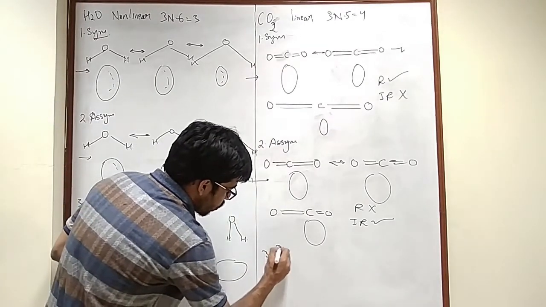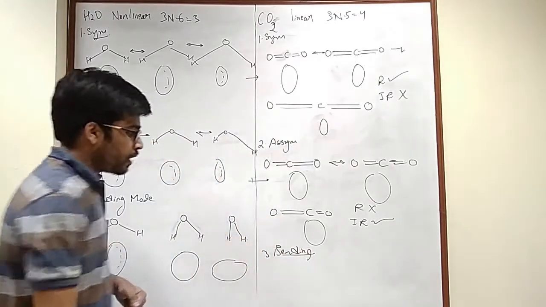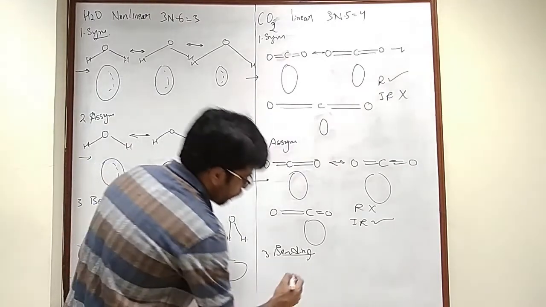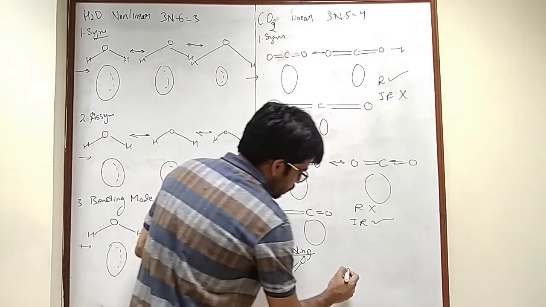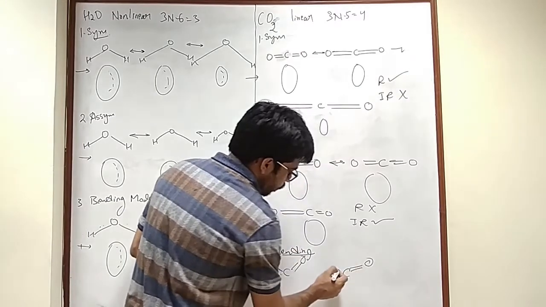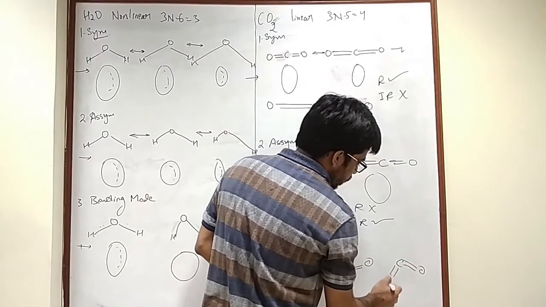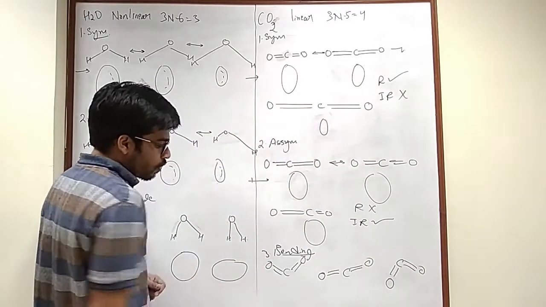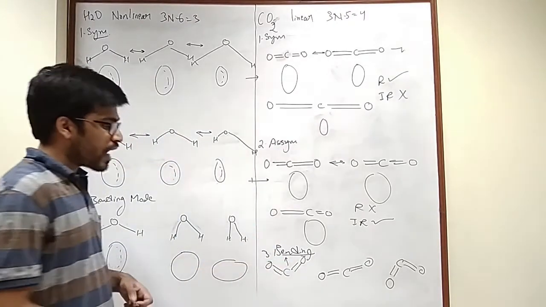Finally, let's take a look at the bending mode. Now in case of bending mode, what do we have? We have this followed by this followed by this. Now in this mode, the polarizability along this direction is higher.